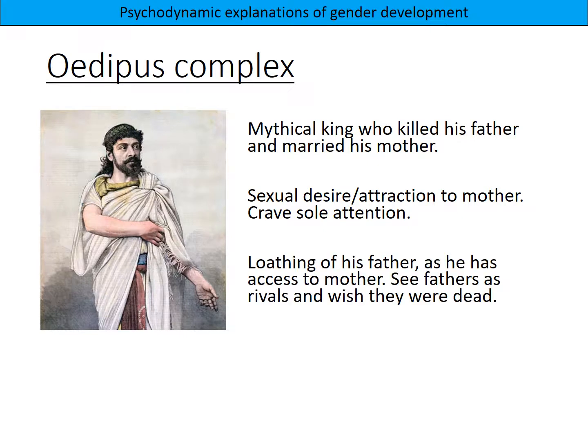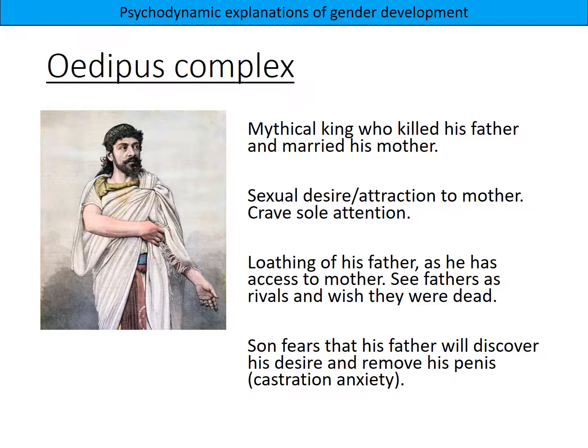Because of this attraction, they had a kind of loathing of the father. He sees that the father has access to the mother and he hates him for that. He really loathes him. They see the fathers as the rival for their mother's attention, and they wish their fathers were dead. In addition to this, the son fears that his father will discover his desire, so they have this constant anxiety about feeling this way, and the son is afraid of dad removing his penis.